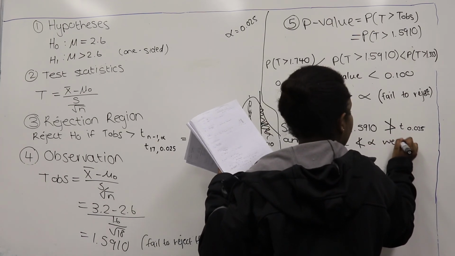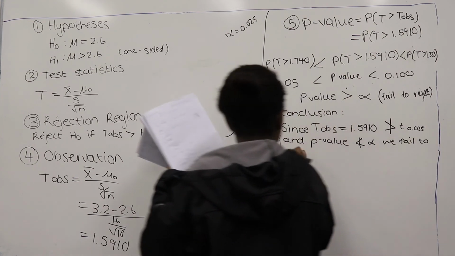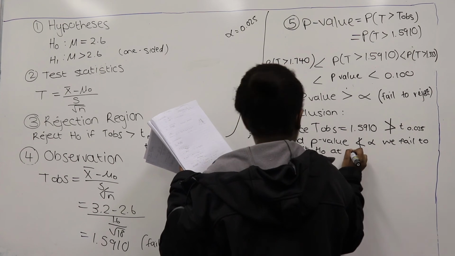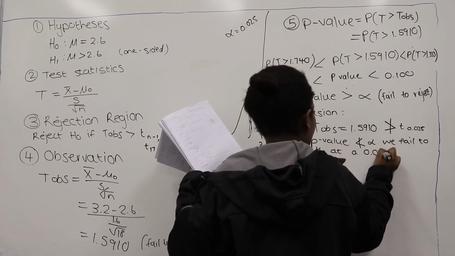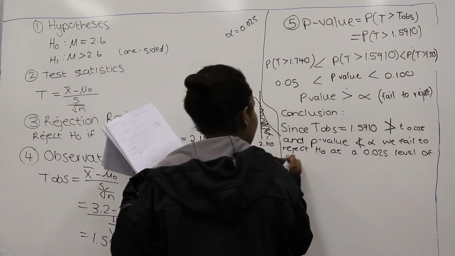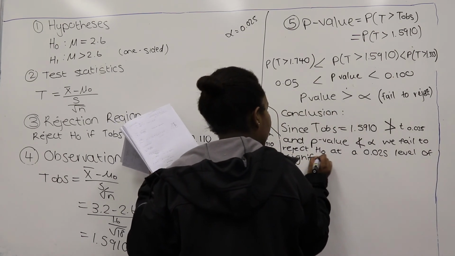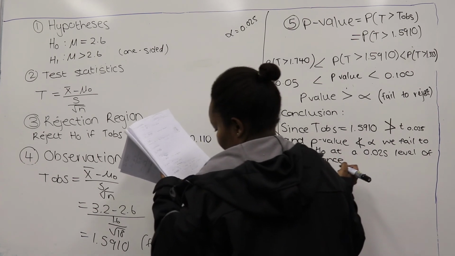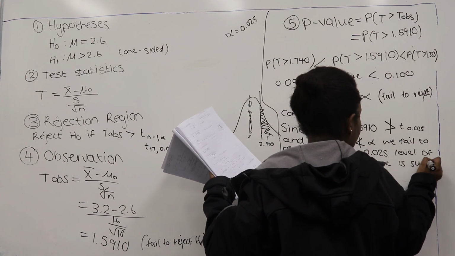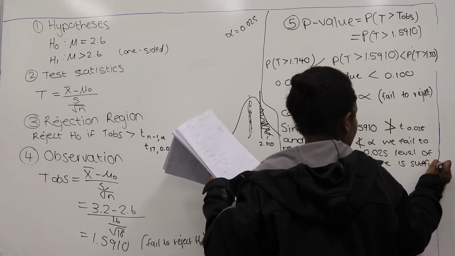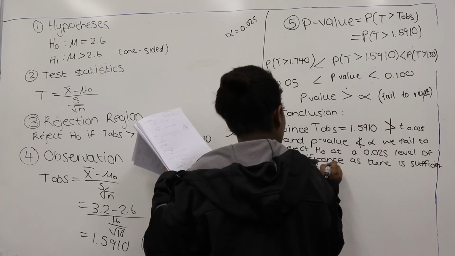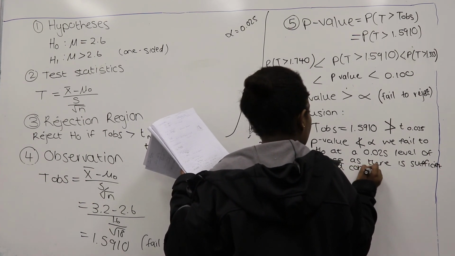We fail to reject H0 at the 0.025 level of significance, as there is sufficient evidence, and conclude.